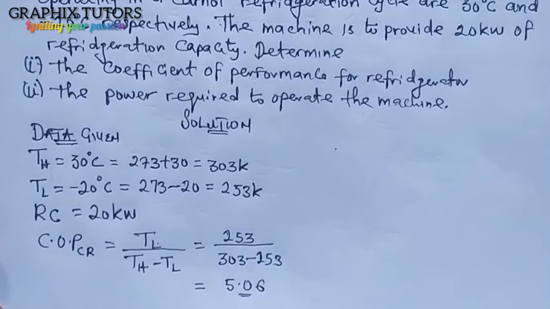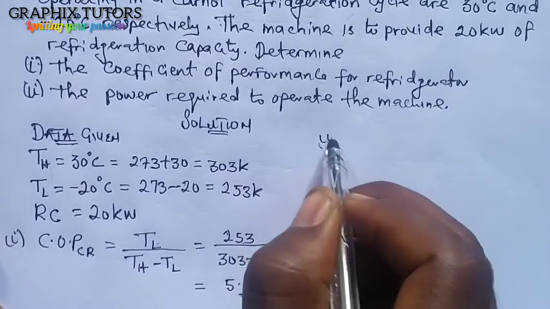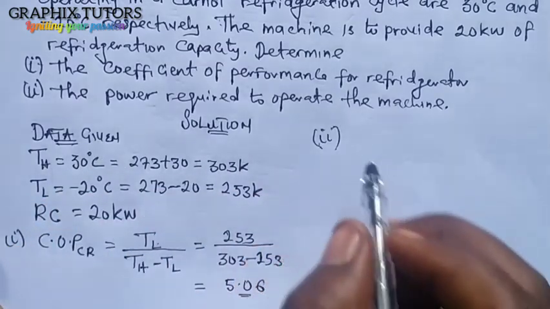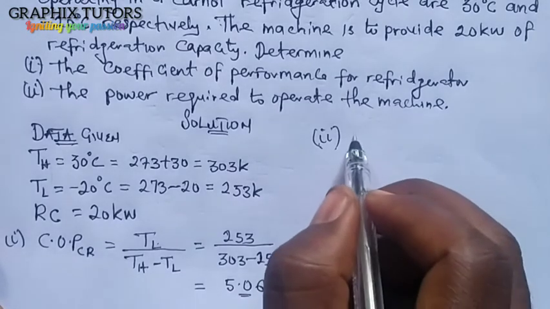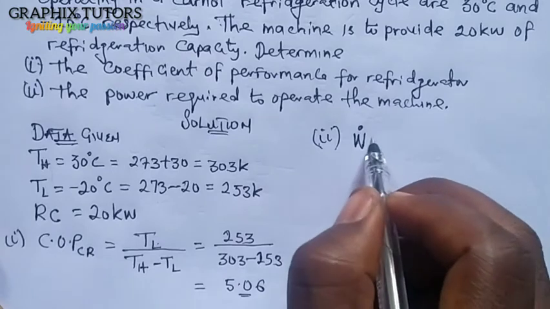Now the next thing we are told to calculate, now this was for number 1, Roman figure I. Roman figure II, we are told to calculate the power required to operate the machine. You know that the power required is called the work rate, and that is given as what?